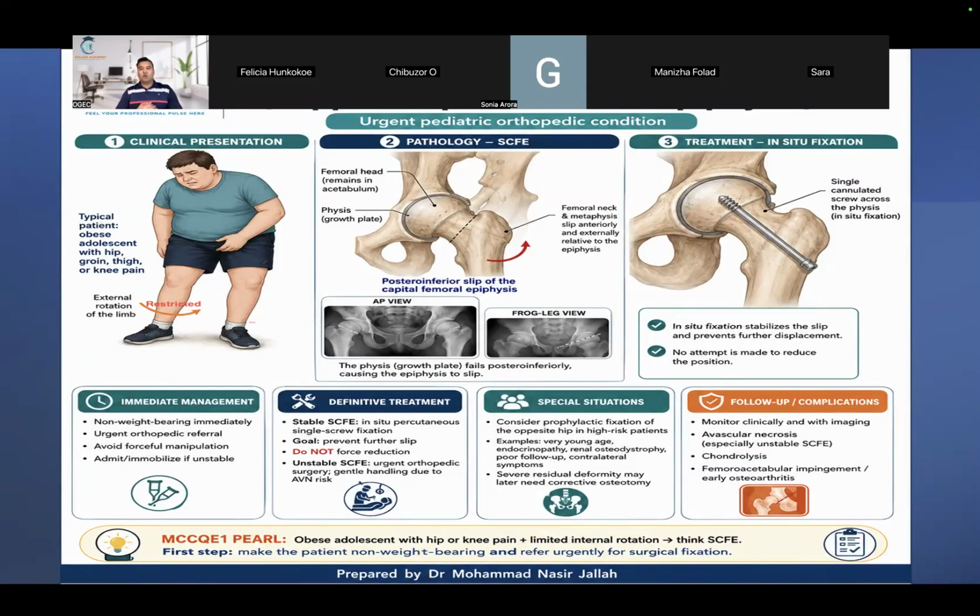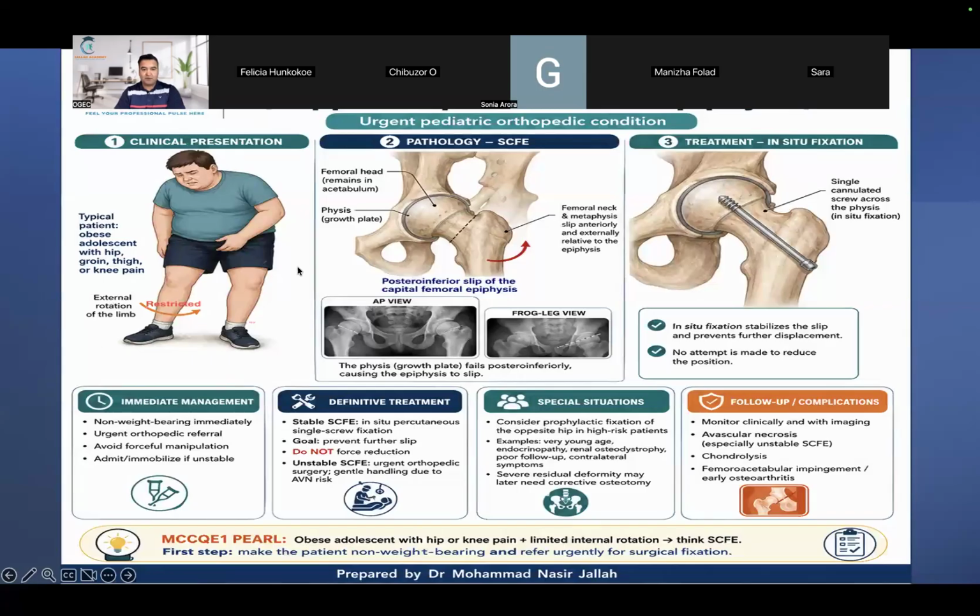So what is the definitive treatment for this patient? The definitive treatment for this patient will be in situ fixation with a single cannulated screw. Okay, so this might be a question.